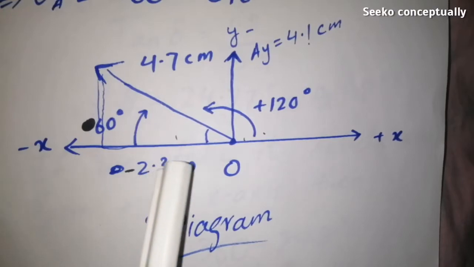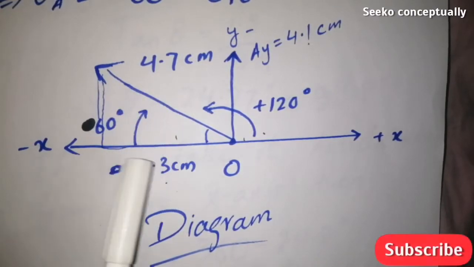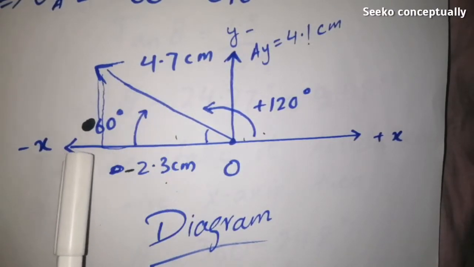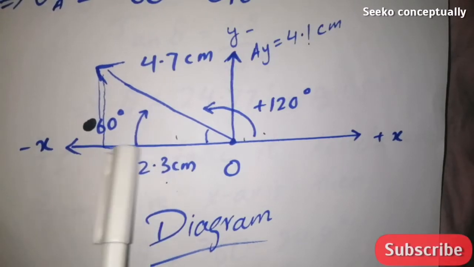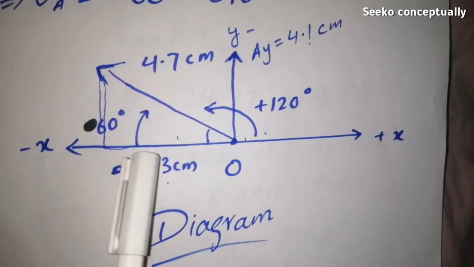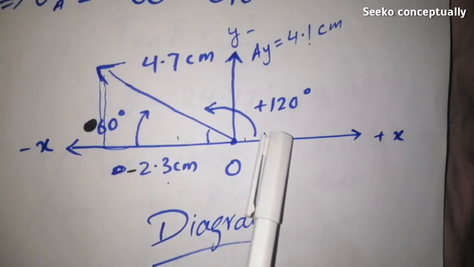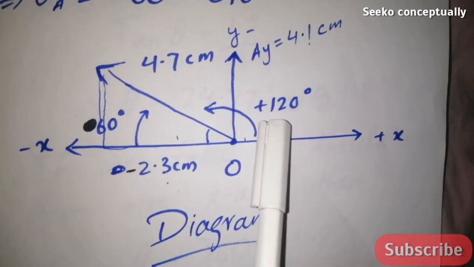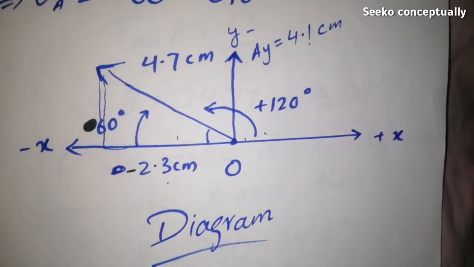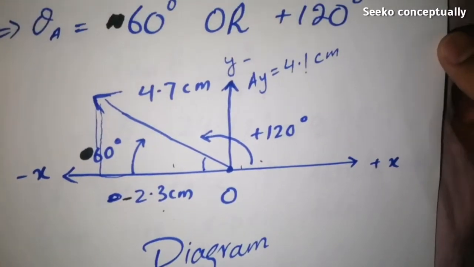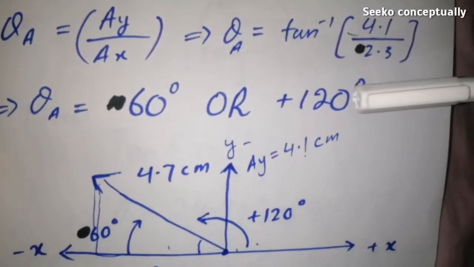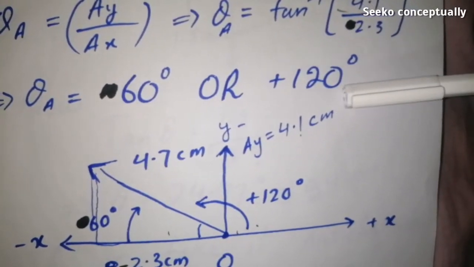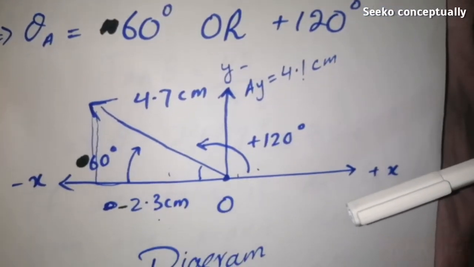The angle it makes with this negative x-axis is 60 degrees. Subtracting this 60 degrees from 180 degrees that is made by the straight line, we get the angle of 120 degrees. So the final answer will be the vector of 4.7 centimeters makes an angle of 120 degrees with the positive x-axis.